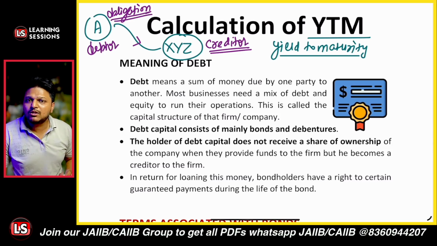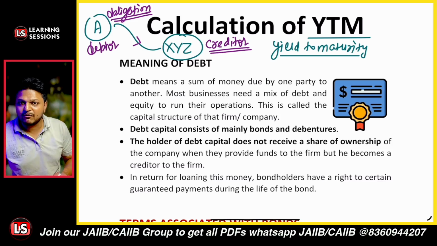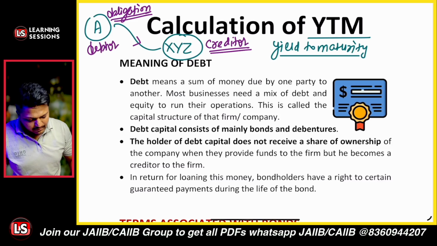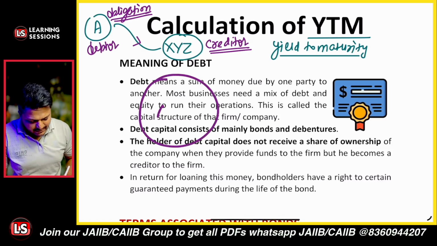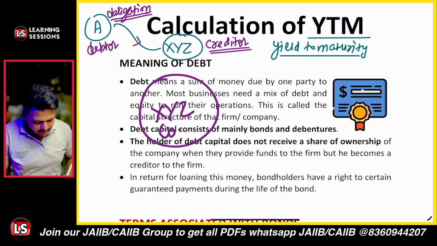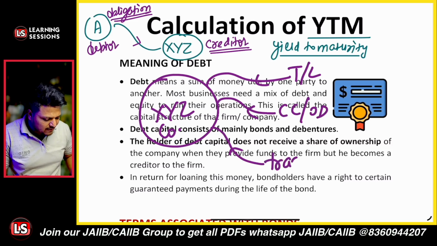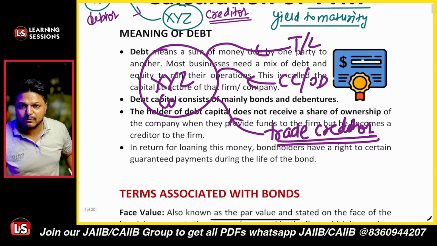When we talk about companies, I was talking previously about the individual, but companies take debt in multiple forms. They can take a term loan from the bank, or a CC limit or overdraft from the bank, or they can have trade creditors, where during operations they take the debt from their vendors or raw material providers.